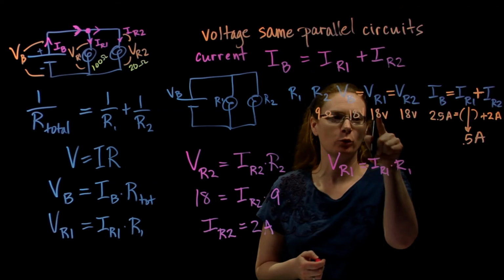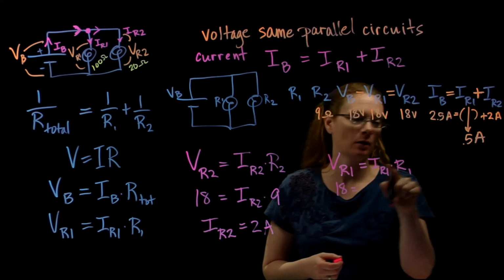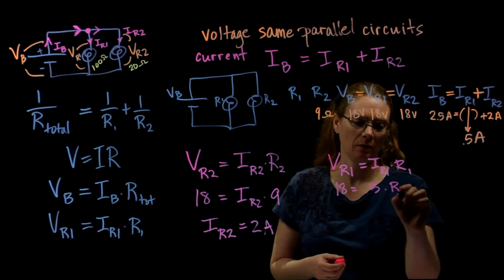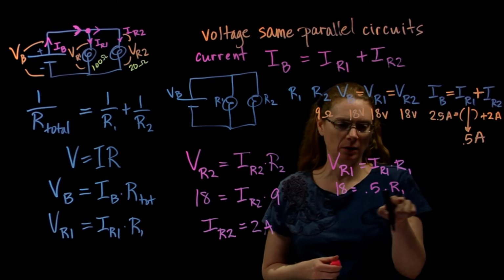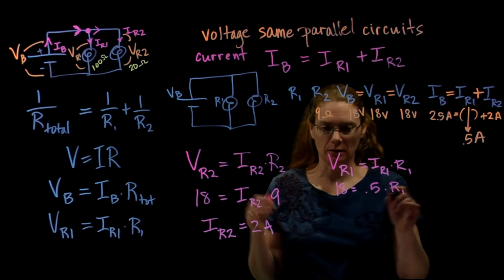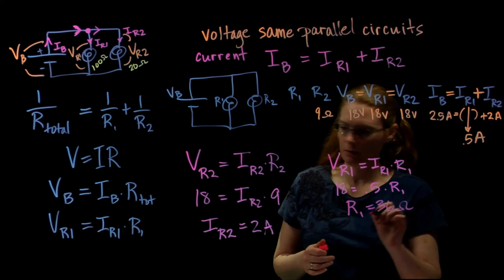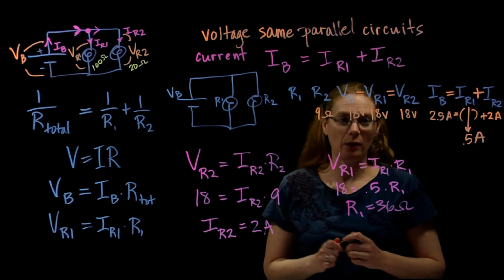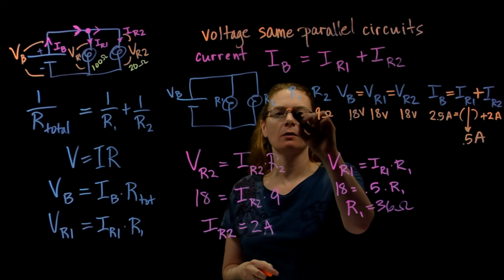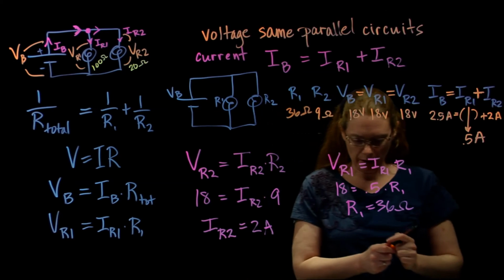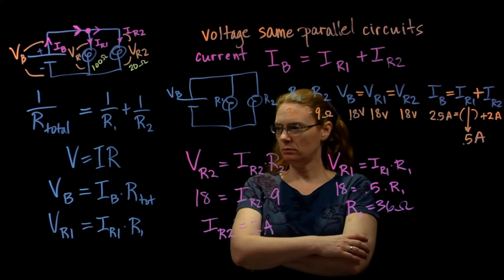VR1, 18, equals IR1, 1/2, times R1. And 18 divided by 1/2 is 18 times 2. R1 is going to be 36 ohms. And so now I can put that in here: 36 ohms.